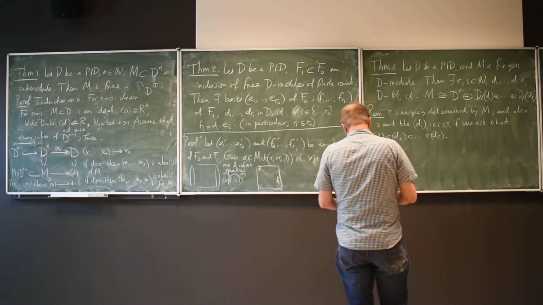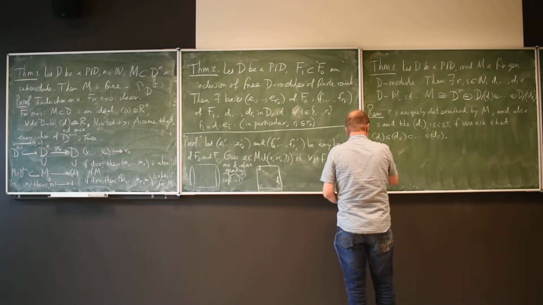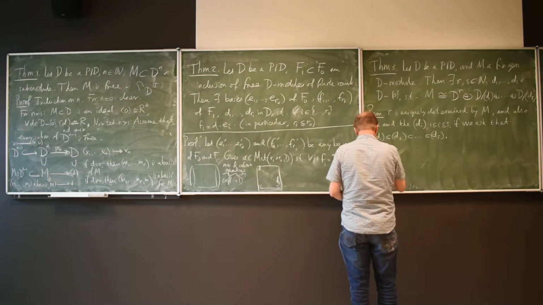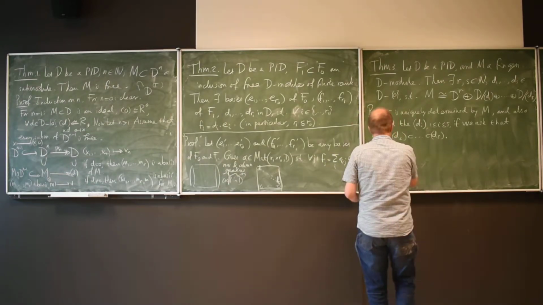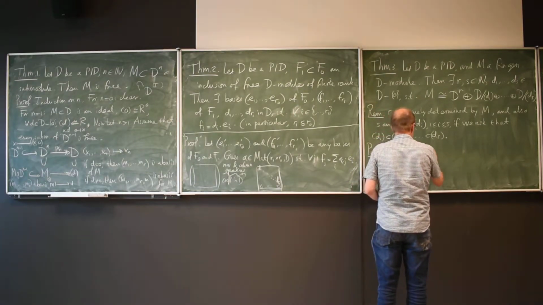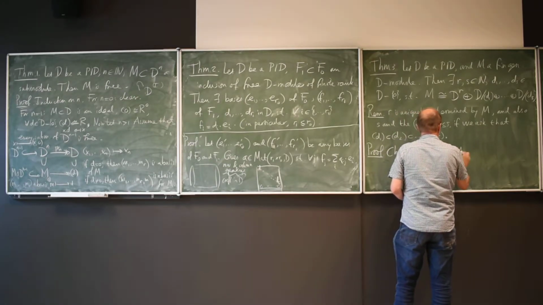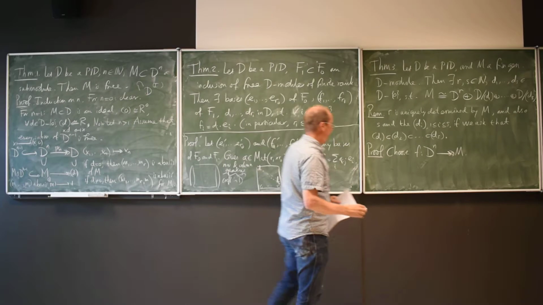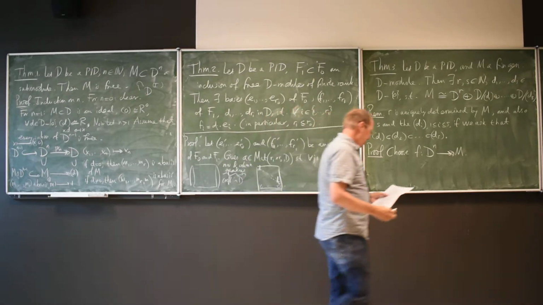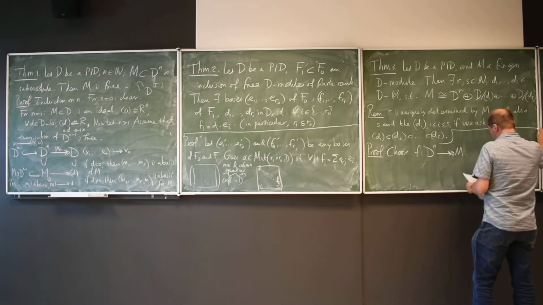That is one thing. And how do we prove this? Well, let me start the proof here of theorem 3. So we choose a surjective morphism F from D to the n to M, and we can do that because M is finitely generated. Then we have the following nice diagram.